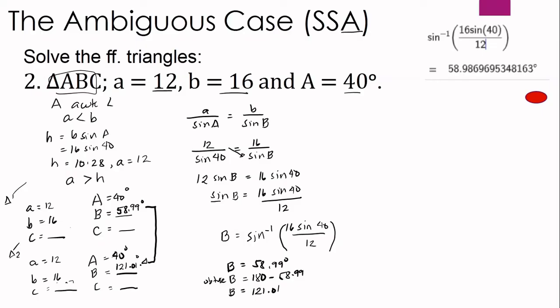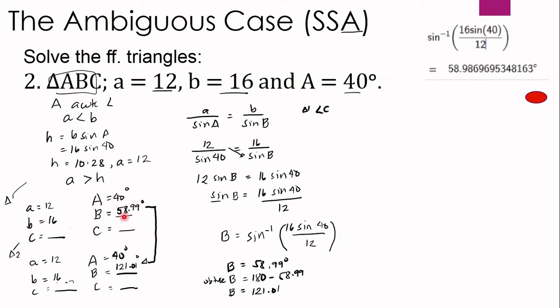And syempre, pag meron na kayong angle A and angle B, it will be easier for us to get angle C. As you all know, the sum of A, B, C is equal to 180.